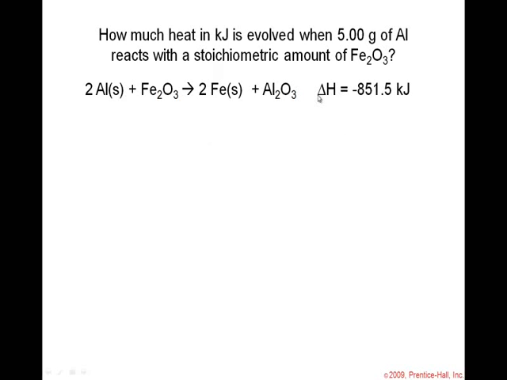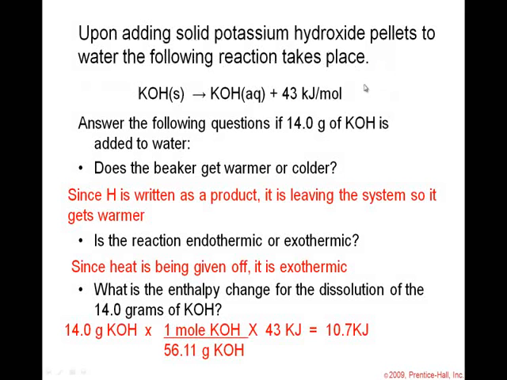Now this is written differently from the last one. If you notice, the last one didn't show the delta H. Now what this says, it doesn't show energy as a product. What it shows is delta H is a negative value, which means it's exothermic. If we go back to the previous one, it shows the energy as a product, and you have to decide based on that, is that exothermic or endothermic? And if energy is being produced, then this is exothermic.